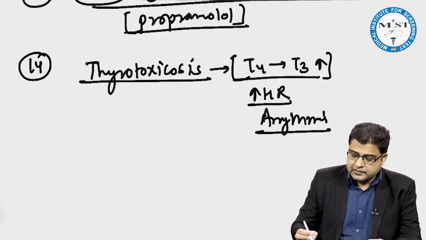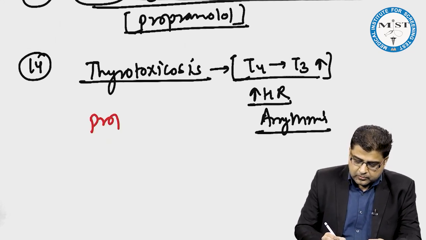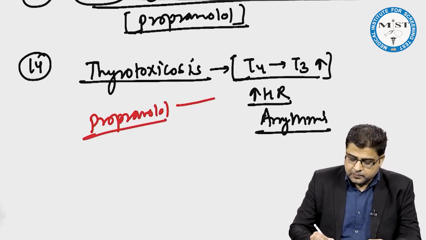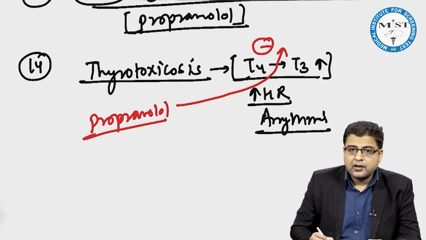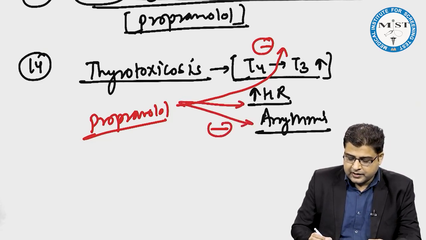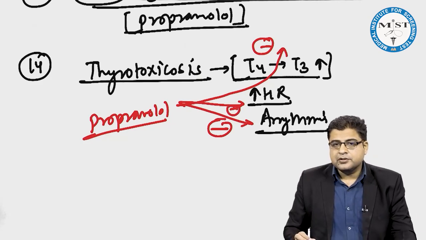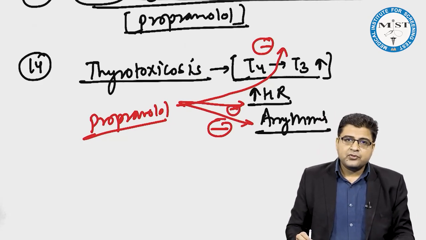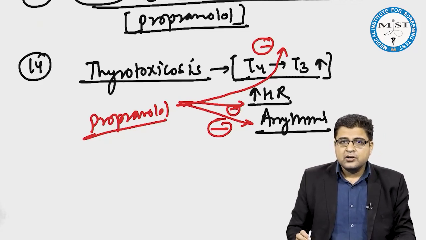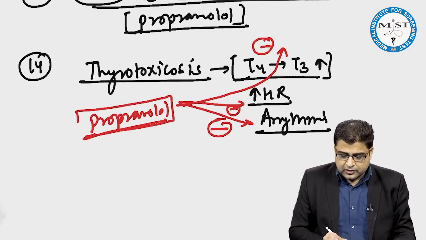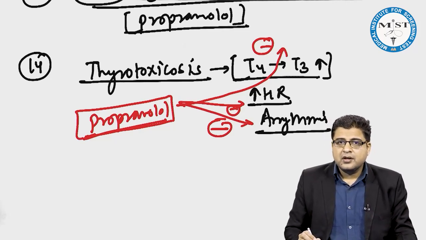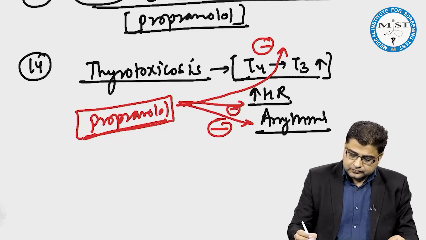Now if we use a medicine like propranolol, it can stop this conversion of T4 to T3, and being a beta blocker, it will control symptoms like tachycardia and arrhythmia. So this medicine can control symptoms of thyrotoxicosis as well as stop the conversion of T4 to T3. It is one of the leading drugs, and one of the fastest acting drugs, which we use during thyrotoxicosis.